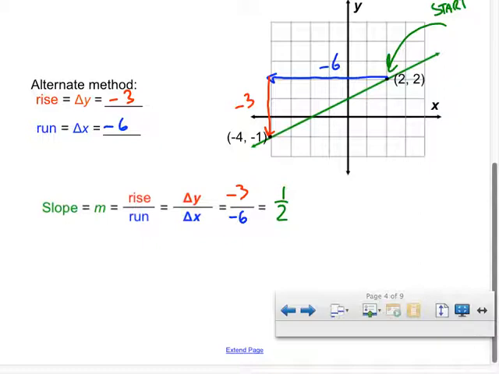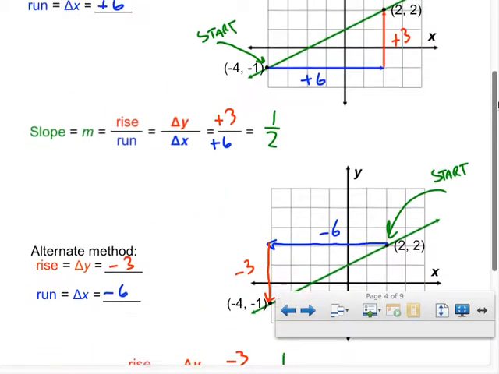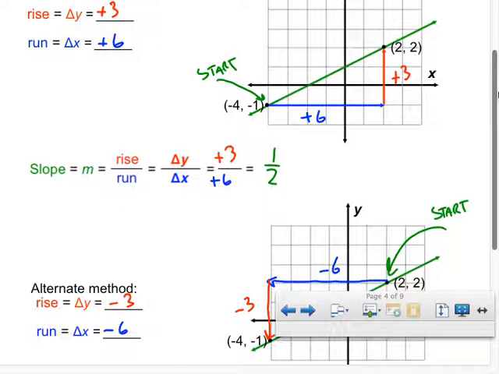Okay, so let's go back to the equation. Some of you might have tried to write the equation. And if you did, let me show you what the equation would be. It's f of x equals the slope, a half, times x, and then plus the y-intercept. Where does it cross the y-axis? Plus 1. Because this is where it crosses the y-axis.